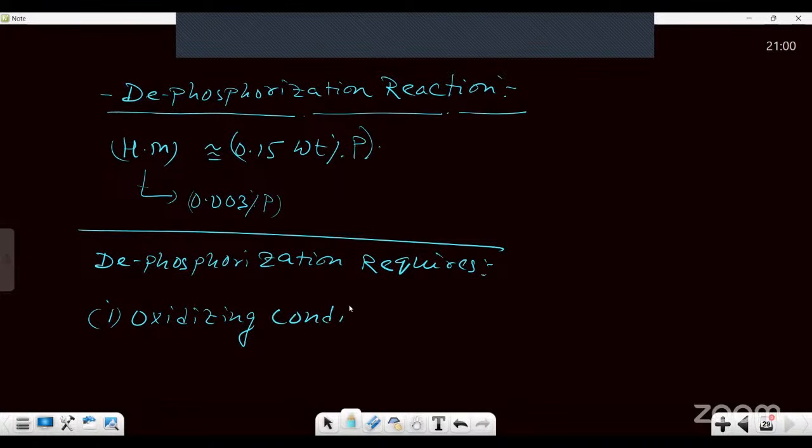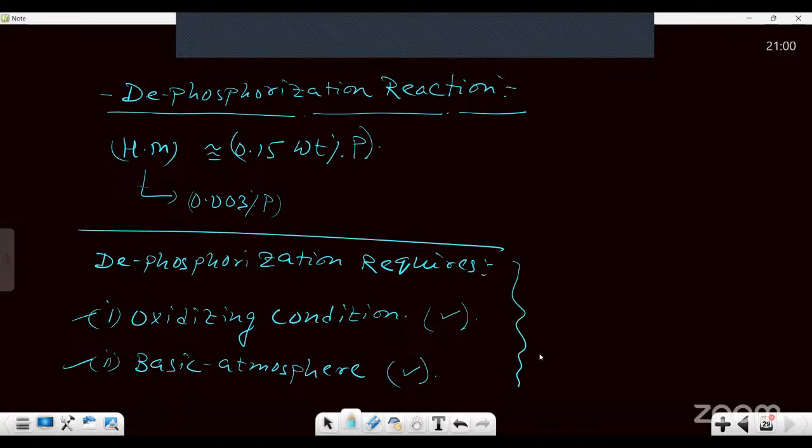So oxidizing condition, no problem, because steel making is an oxidizing condition only, and basic atmosphere. That means the basic steel making process is actually good for dephosphorization. Both these are not much problematic as far as steel making is concerned.